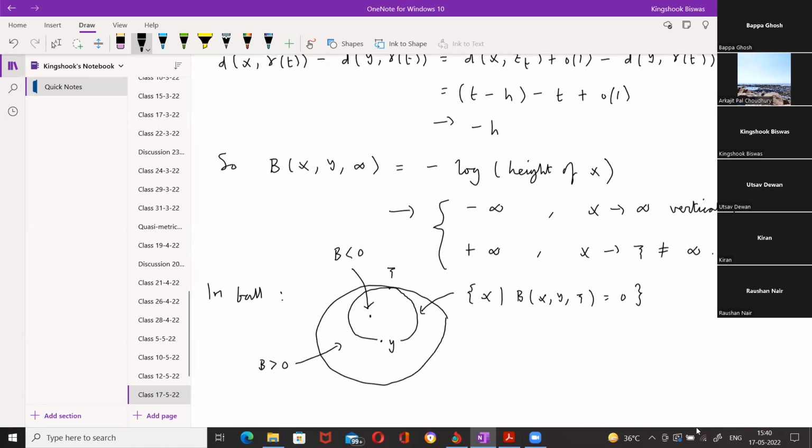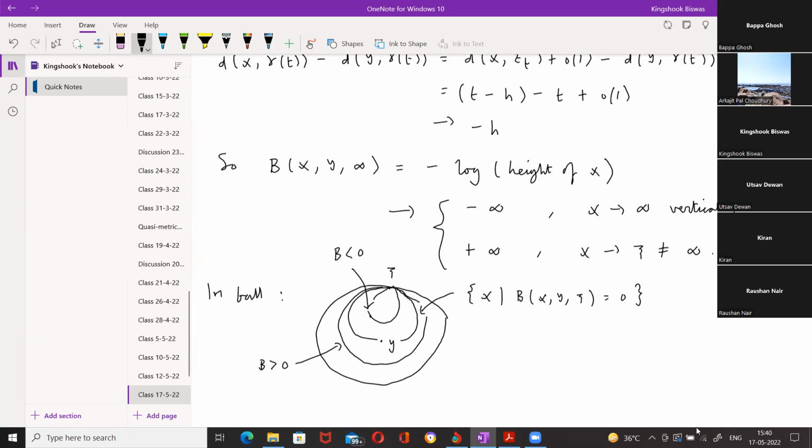You understand? So these will lie on a larger horosphere like this, where the Busemann function is positive. Here it will lie on a smaller horosphere where the Busemann function is negative. And the space will be foliated by these horospheres.